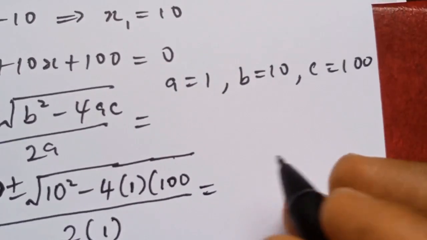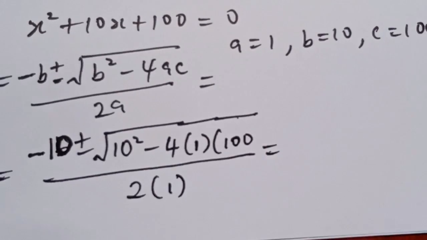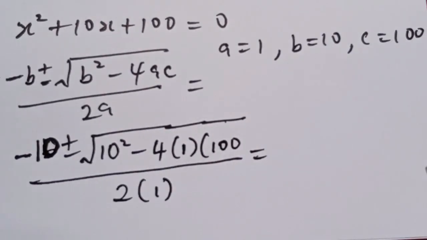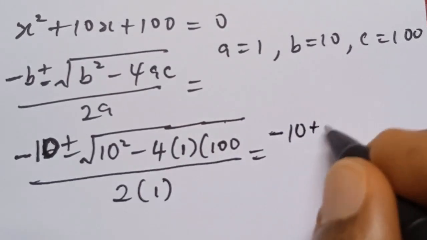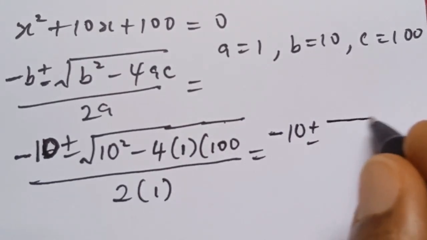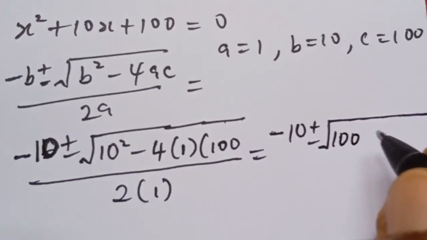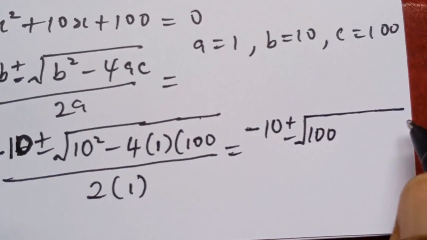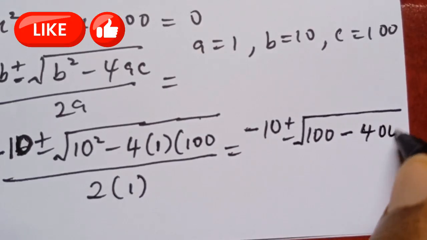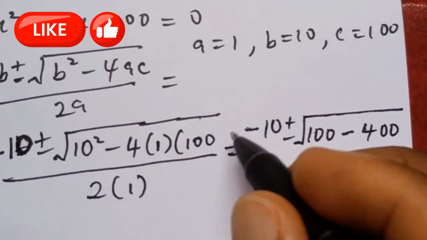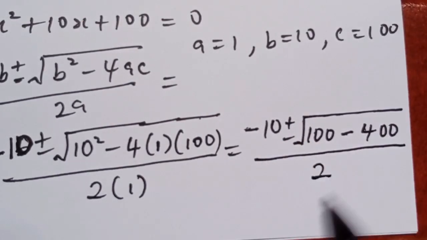If we simplify this equation, we have 10 plus or minus square root, that will give us 100, 10 squared equals 100, then we have minus 400, and that will be over 2.